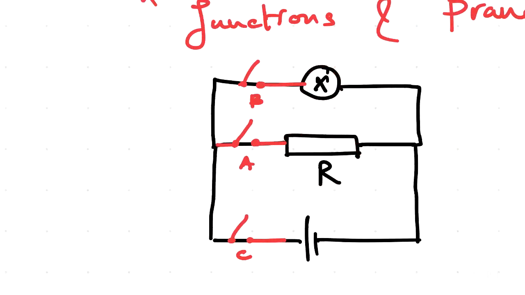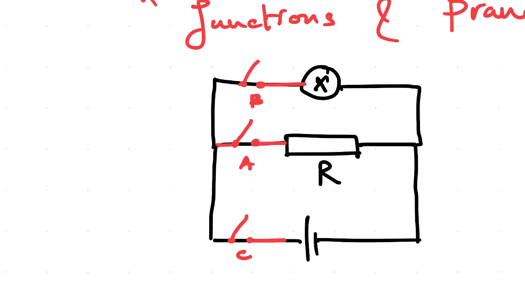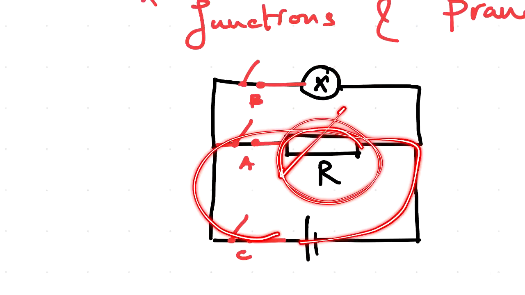The reason is the main path has been cut off. And just imagine I am switching on this one and switching off that one. Now the resistor won't be working, but the bulb will be working. And if I switch off this other one, the bulb won't be working, but you are still getting current in this path, so the resistor is working.